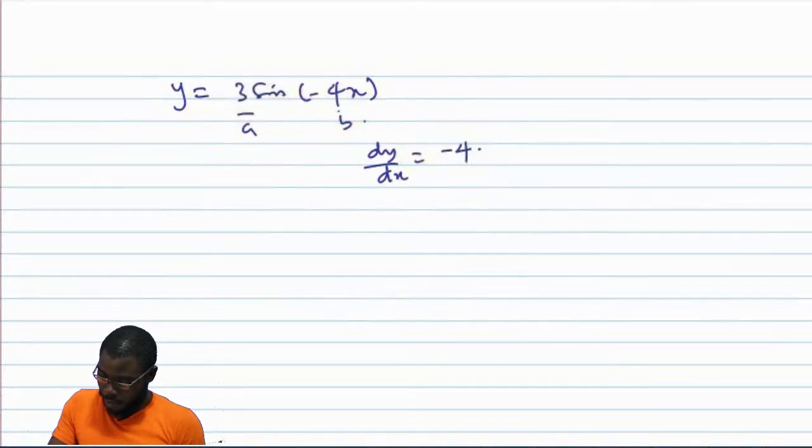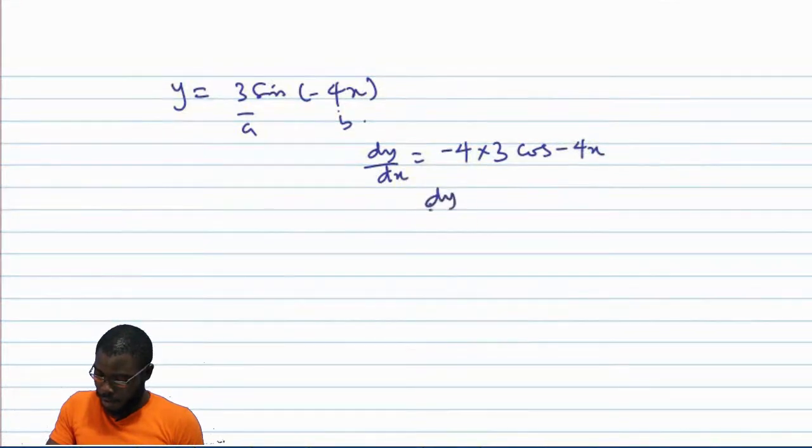That's minus 4 times 3. Then if you differentiate sine, you get your cos, then bx, that's minus 4x. So you have your dy dx to be equal to minus 12 cos minus 4x.